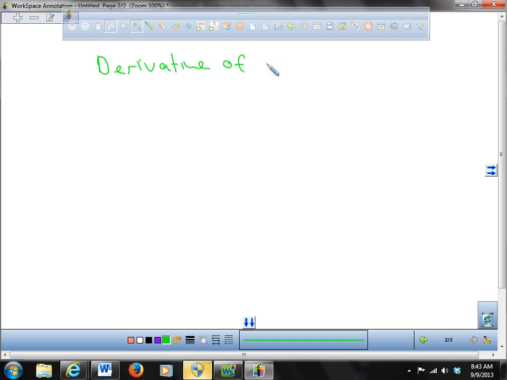Okay, so then we have the derivative of a function at some point A. It would be A comma f of A, actually.